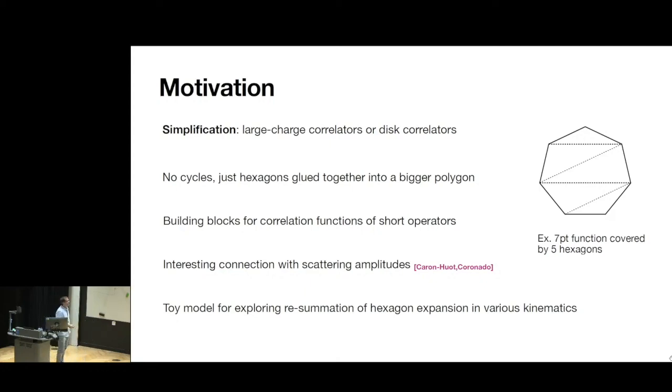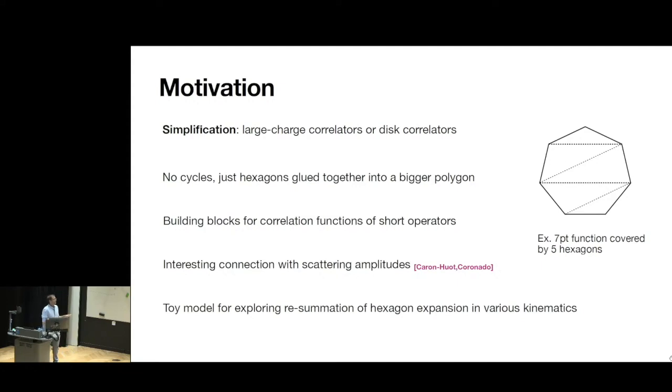Another reason to like this object is due to a proposal by Frank and Simon, which is that there is some evidence, I would say important evidence, that this object can also be interpreted as scattering amplitudes. So scattering amplitudes in some sort of dual space, and for a theory that will live on some Coulomb branch.